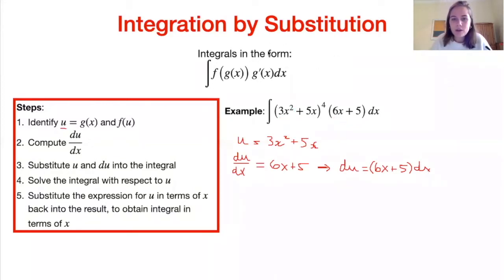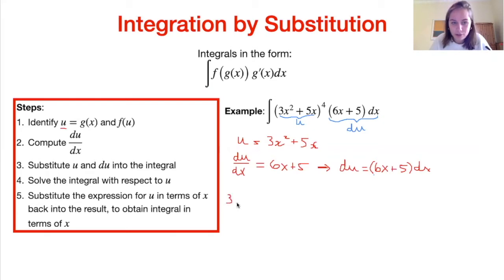Well, what we've recognized is that we've got our function u right here, and having rewritten our derivative of u with respect to x as du is equal to (6x plus 5) dx, we see that this whole thing right here is du.